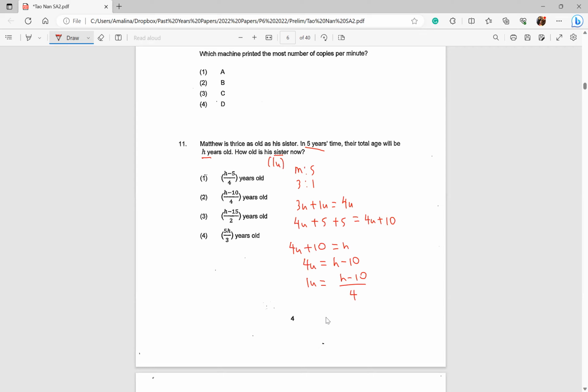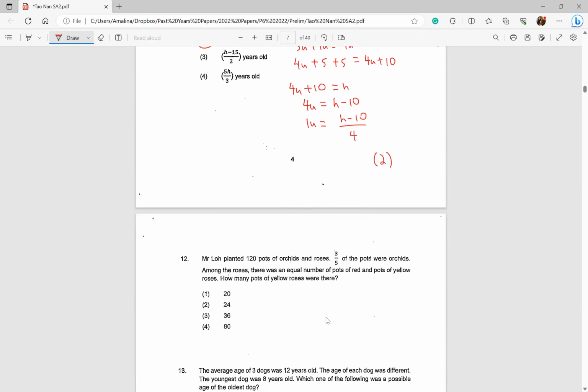So I get h minus 10 over 4. And that is the 1 unit I'm looking for. So my sister is now option number 2, h minus 10 over 4 years old. Okay, question 12, I will also skip.